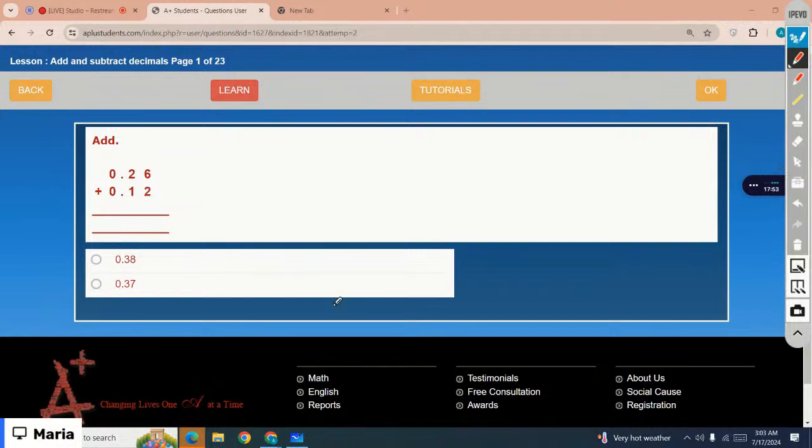They are already lined up according to the decimal point. So start adding with the rightmost digit, right? 6 plus 2 makes 8. And 2 plus 1 makes 3. So that is 0.38. Option number 1 is the correct option, right?